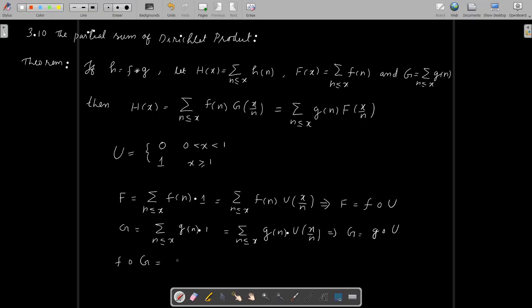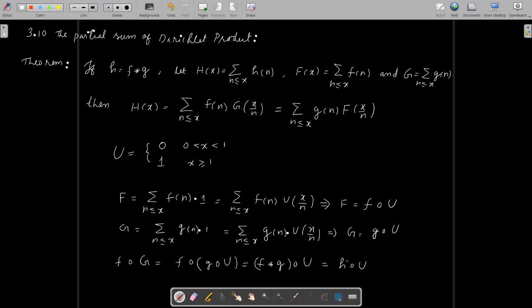F convolution g convolution u is equal to f star g convolution u, that gives h convolution u.